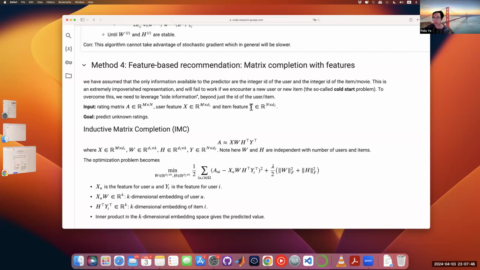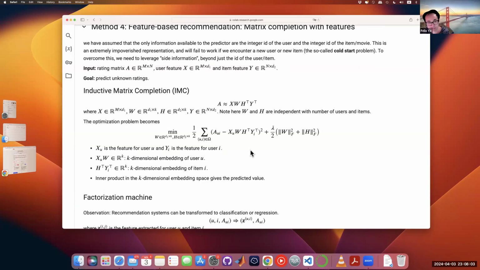If you are given a new user or a new item, they usually come with features. So if we can learn this W and H, then with more data we can automatically get this A matrix, without additional learning. This is really good.